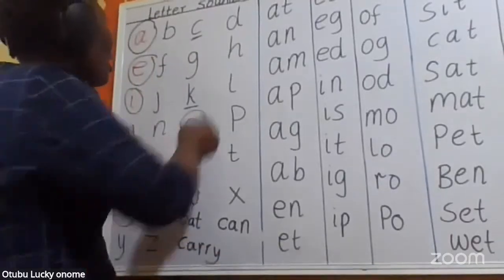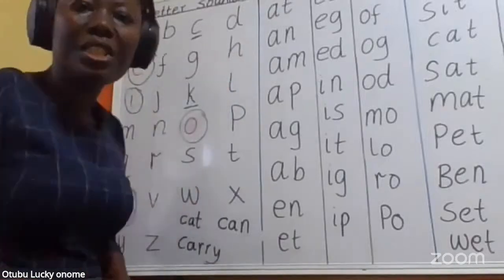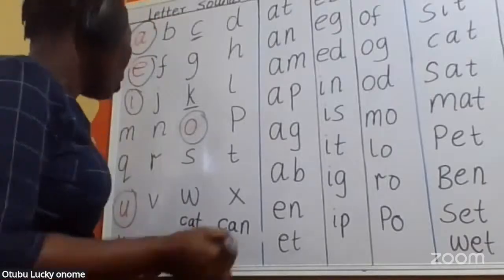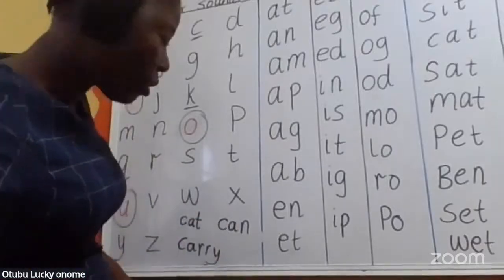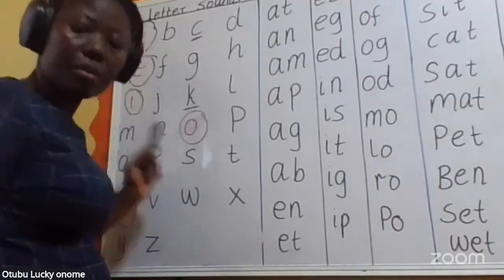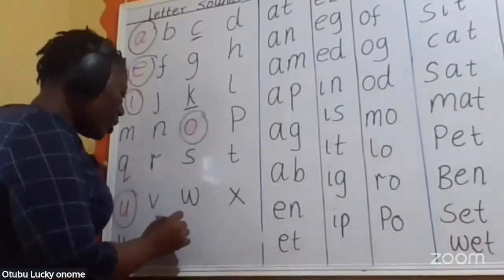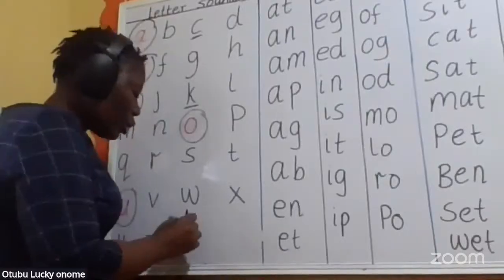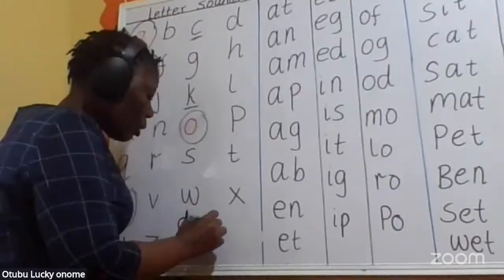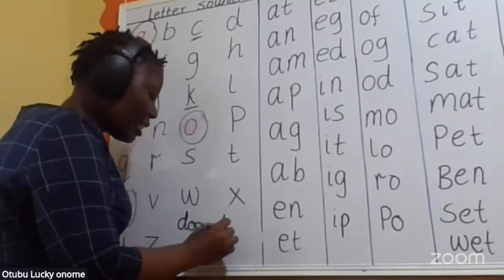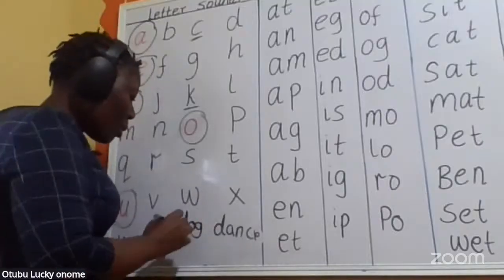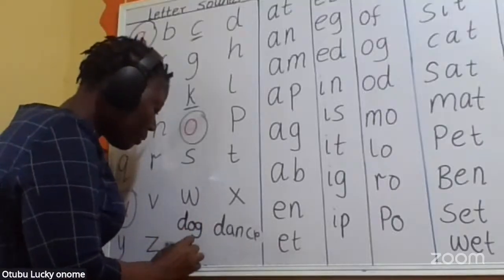Now the next one we have is d. So we have it in words like dog, d, o, g, dog. We have it in words like dance, to move your body. We have it in words like dress.